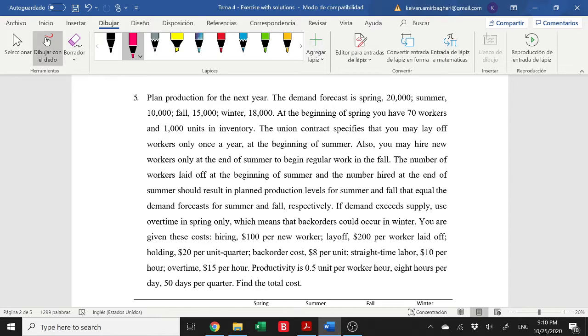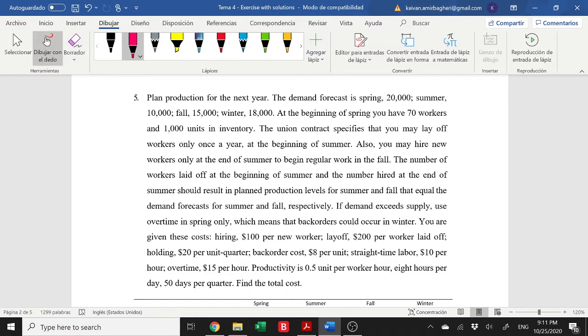So as you see, the union contract specifies that you may lay off workers only once a year. Okay, so the firing of the workers is allowed only once a year, that is at the beginning of summer. It means that when we finish spring, we are allowed to lay off or fire our workers.